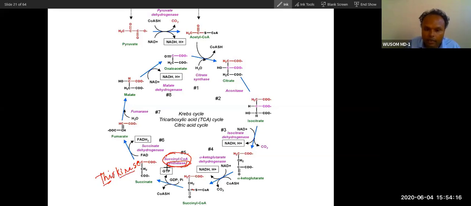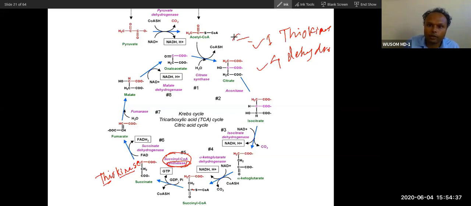All kinases are accompanied with production of ATP, here GTP. So here is one kinase, the thiokinase step, and 4 dehydrogenases. The thiokinase step is production of ATP, and the dehydrogenases are production of NADH and FADH2.